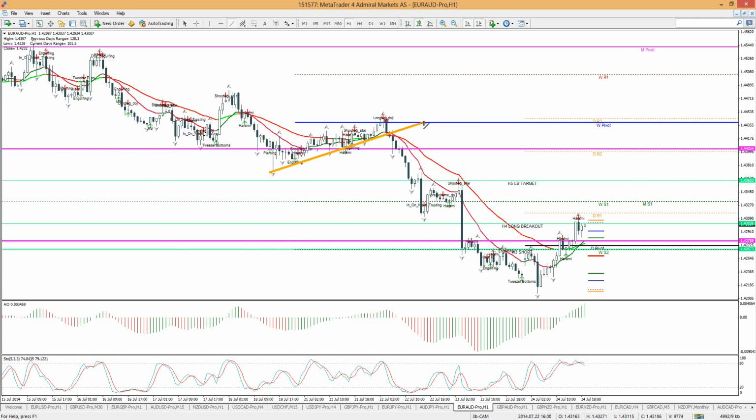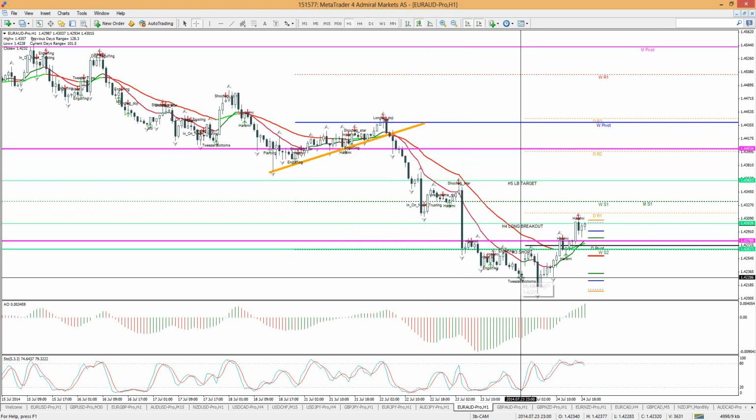So it's really not so valid for today's session because we're talking about pivot points. But if you use other things like moving averages and trend lines, obviously we had a good breakout on this Tuesday morning here. And it continued for quite a while.